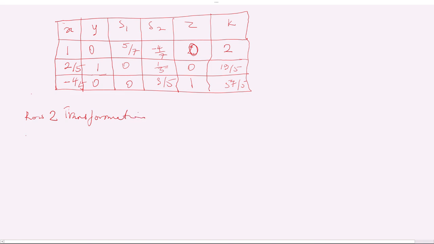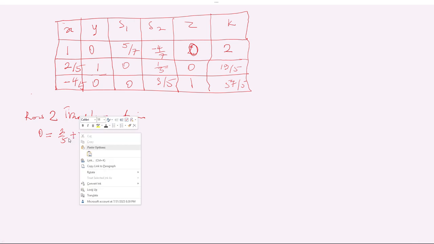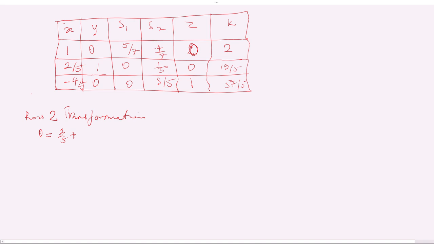For this element in row 2 to be equal to 0, we have to do the current value. So what we want is 0, equal to the current value plus x over 1 equals 0.